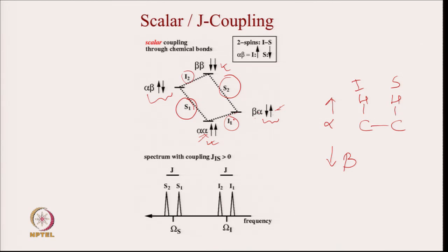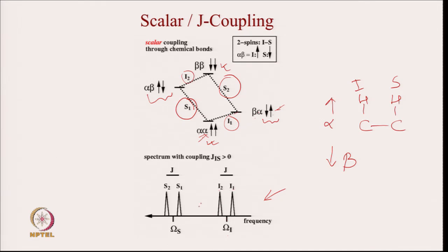And that is what we say, that in presence of S, the I transition is split into two parts, whereas in presence of I, S transition is split into two, and that is what is shown here, and this is for I. So, this is your chemical shift of I, suppose, and then in presence of your S, it is split into two.